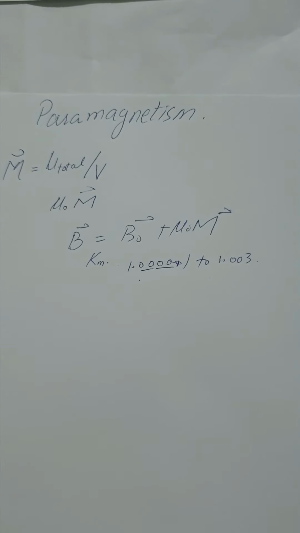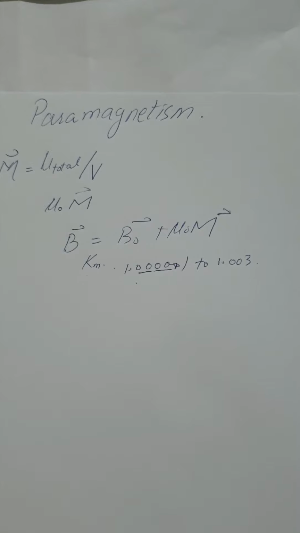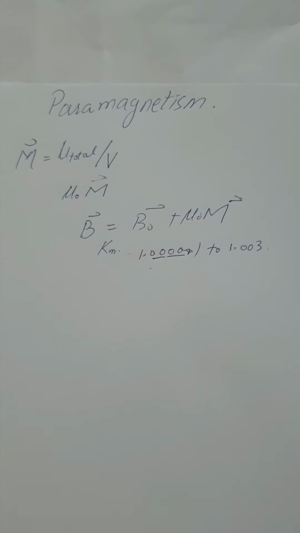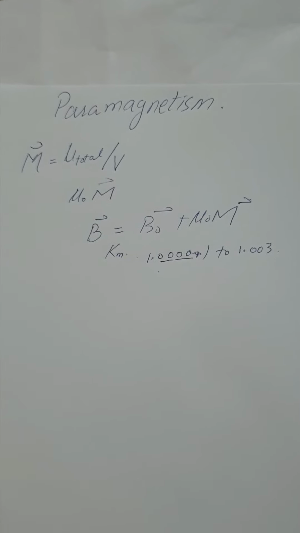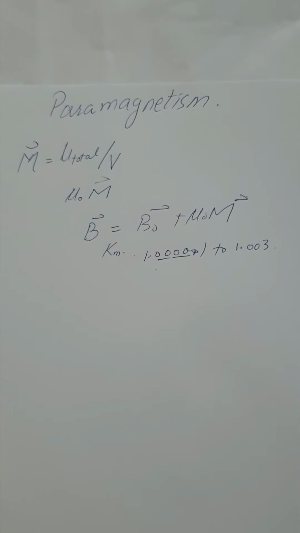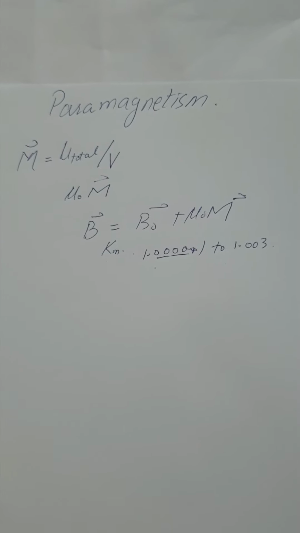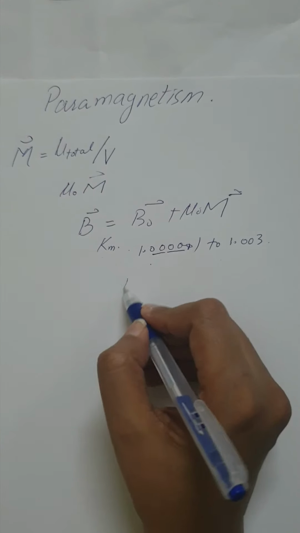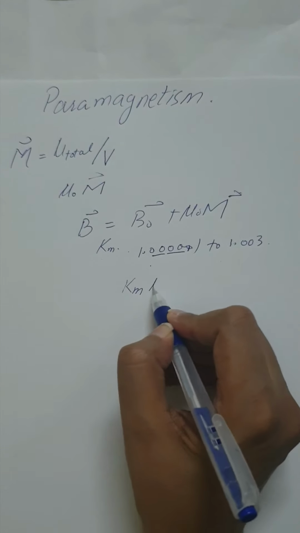all the equations which we study in this chapter that relate magnetic field to their sources can be adapted to the situation in which the current carrying conductor is embedded in a paramagnetic material. So in that case, all that needs to be done is to replace mu naught by Km mu naught.